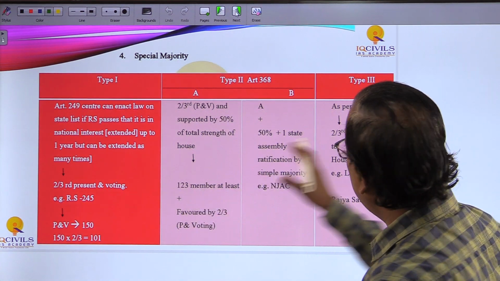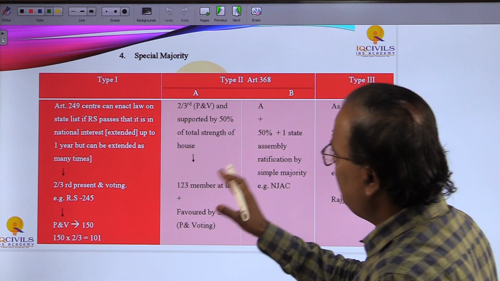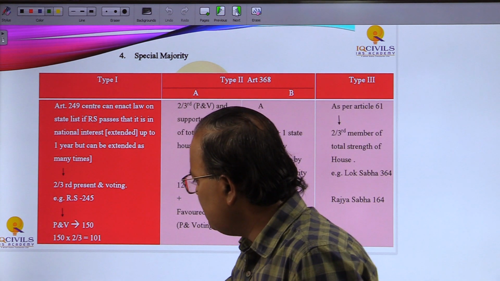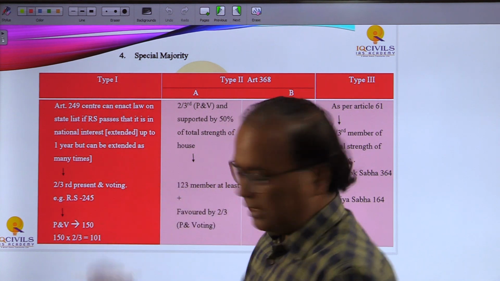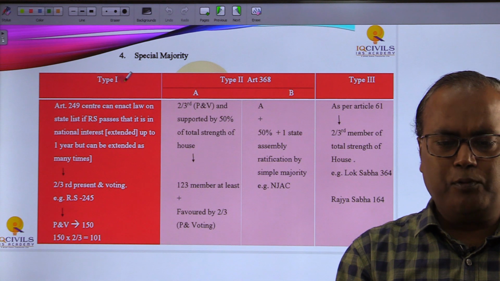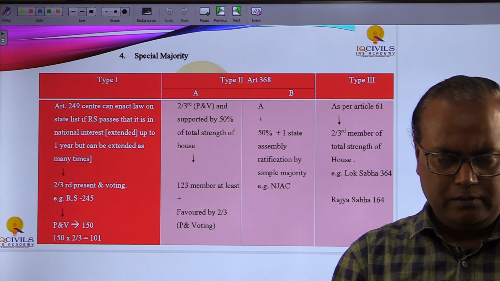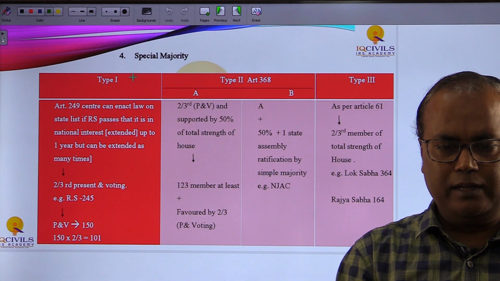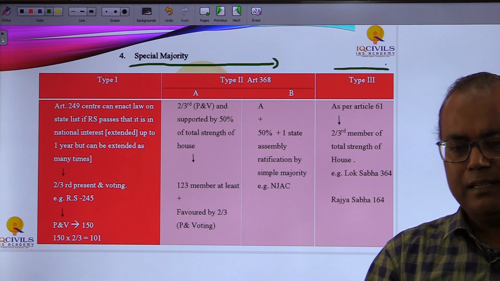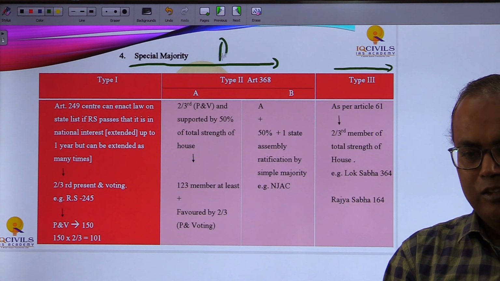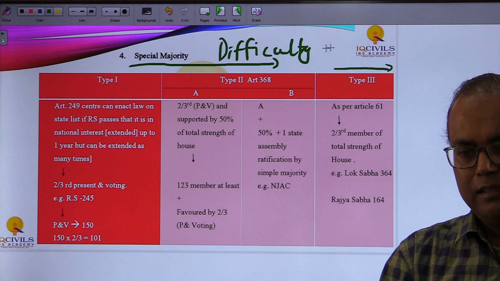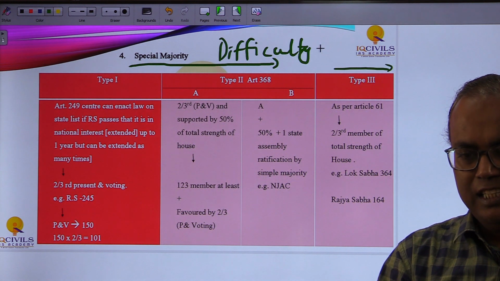Now I had given you the example, there are different types of the special majority, and certainly once you keep moving from type 1 to type 2 to type 3, the difficulty or rigidity increases.